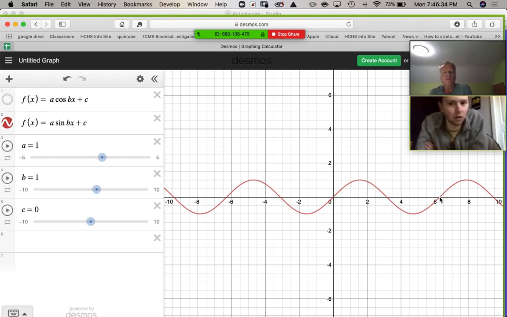With the sine curve, you go up to your max point, down to your minimum point, and back to the start at a height of 0. That takes exactly 2 pi radians.